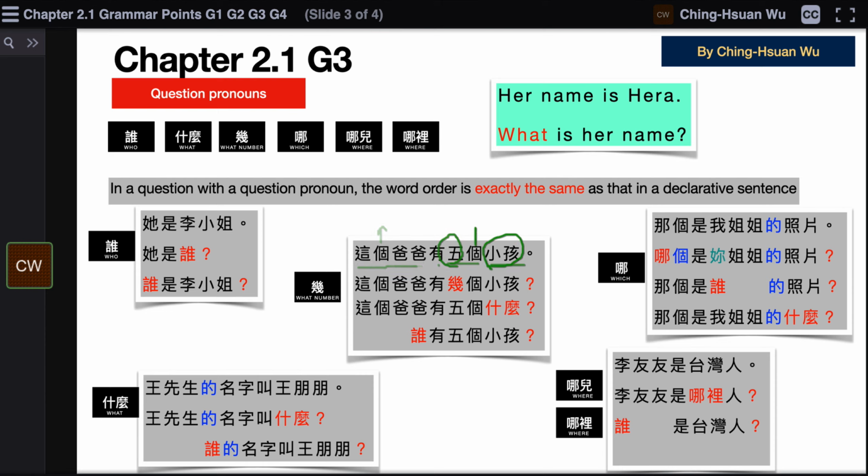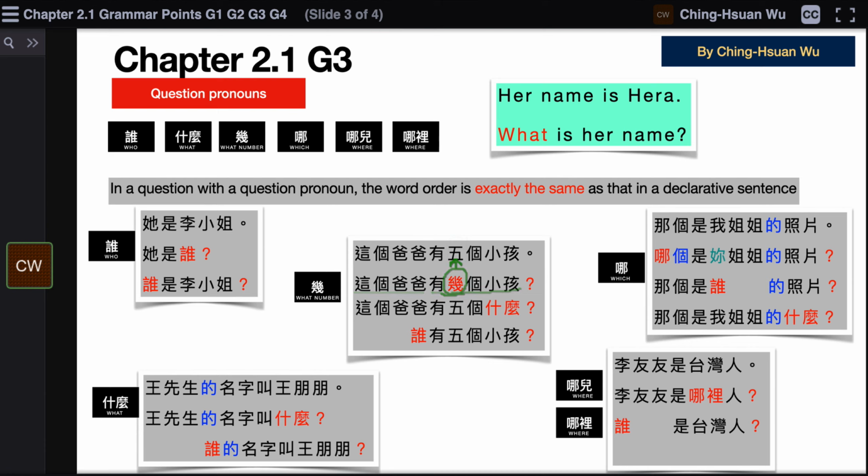In between, you need a measure word. 5个小孩. So you can ask about this part. You know that father has children, but you don't know how many. So you say 这个爸爸有几个小孩? 几, the question pronoun that asks about numbers, is used here to replace 5.